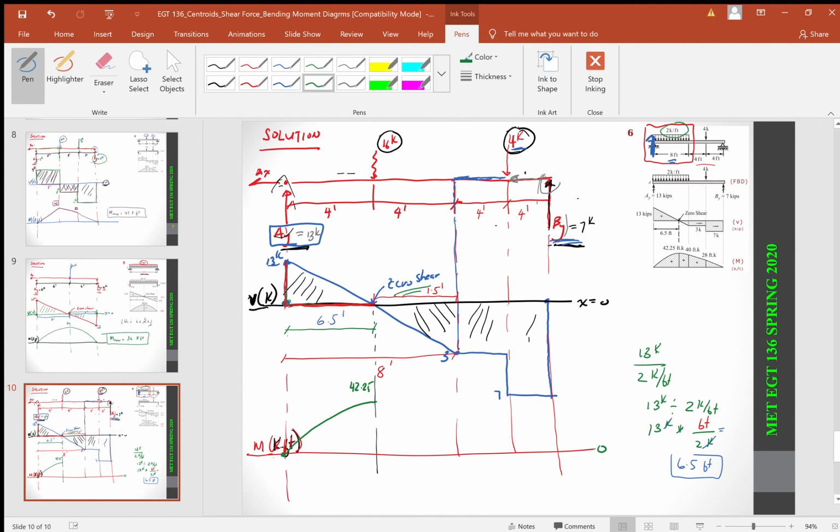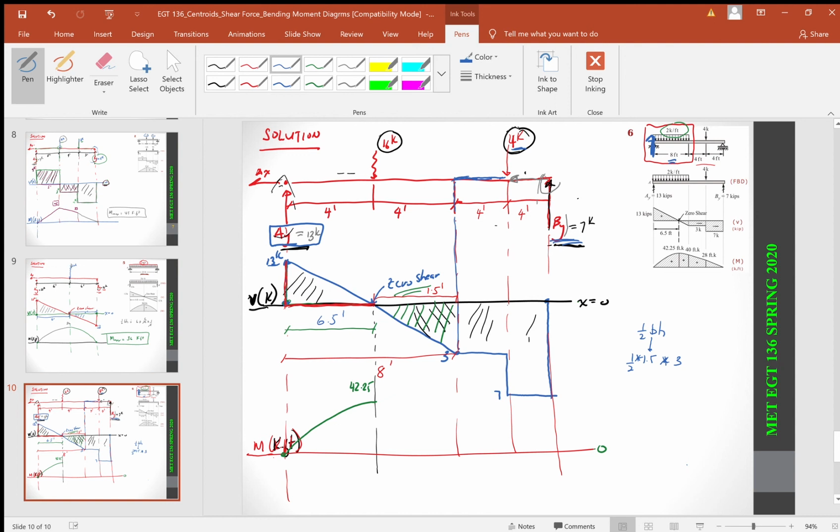Now this area is below the 0 line, so my direction is going to change. That's going to be 1/2 the base times the height. Our base happens to be 1.5 feet, and the height is 3.